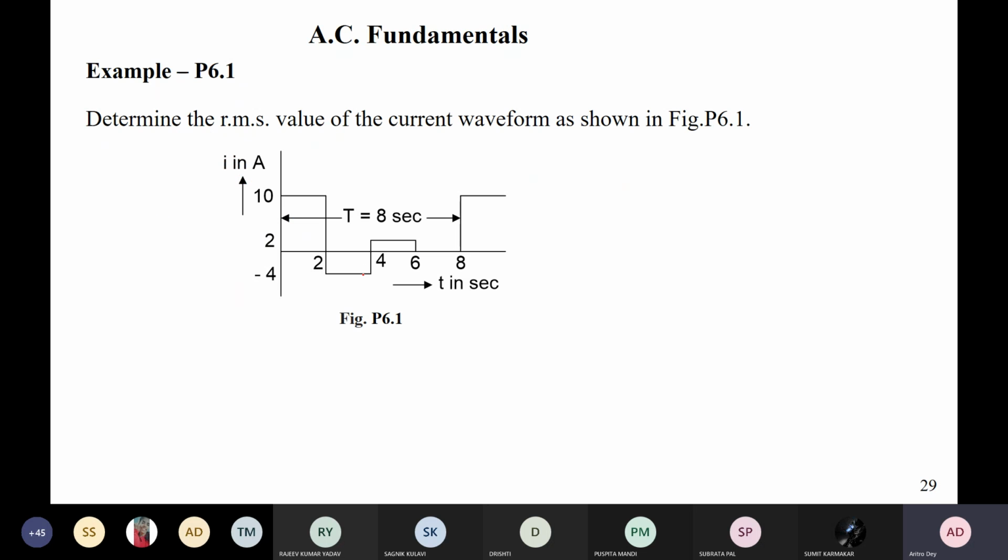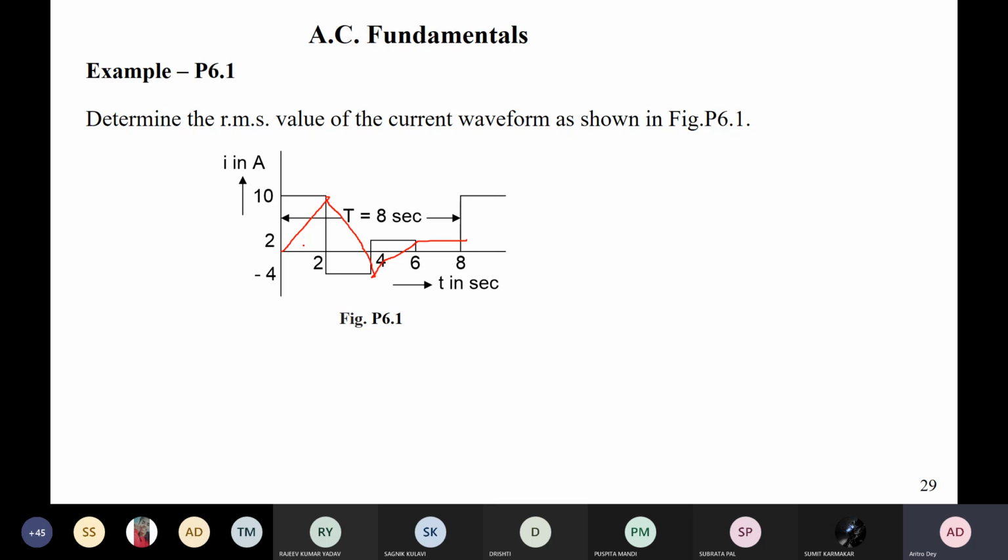Here it is very simple, but if instead of a square wave it is a ramp, then what will happen? If you get a response like this, then you should first get the function, the expression of it.